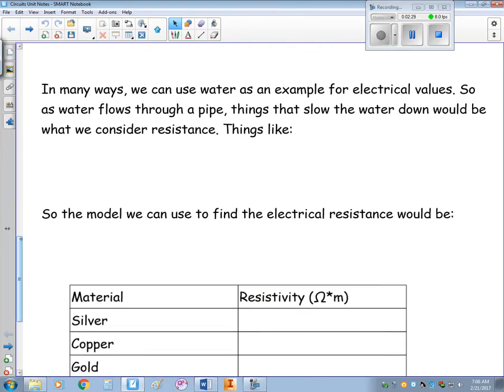Now in many ways we can use water as an example for electrical values in electrical circuits. So I want you to think about water flowing through a pipe, and think about ways that you could slow that water down. One thing we could do is make the pipe narrower. That would definitely slow the water down.